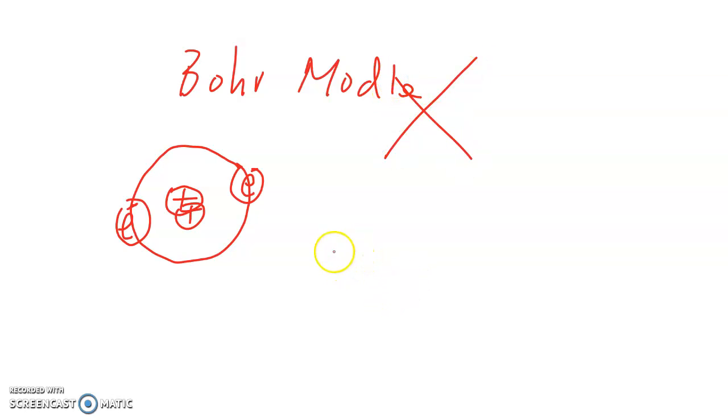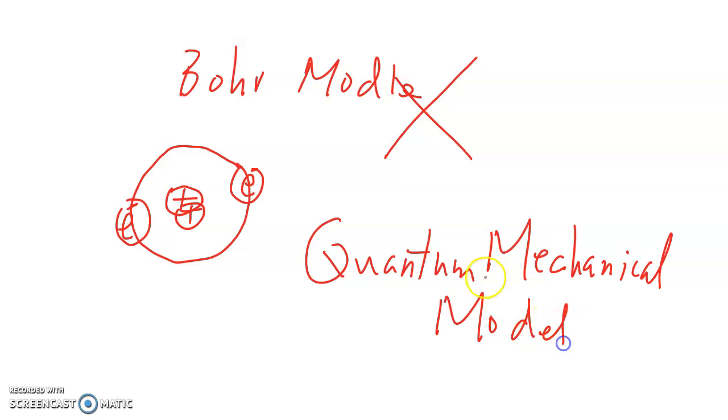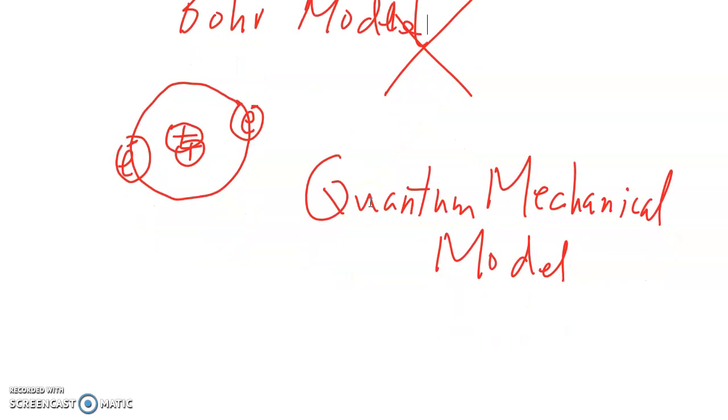So there will be a new model, it's called the quantum mechanical model. Okay, so the quantum mechanical model is a description of finding the probability of finding an electron.